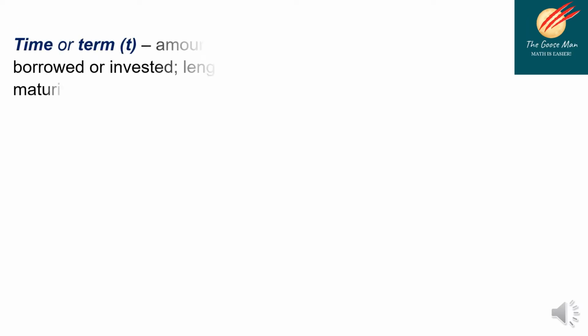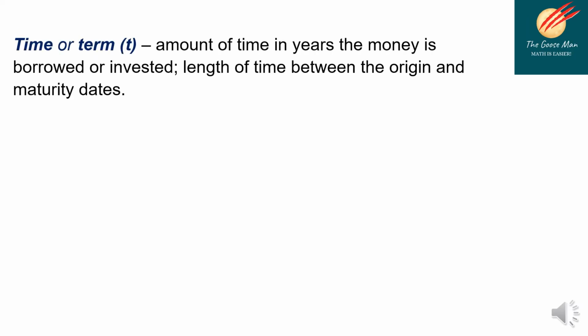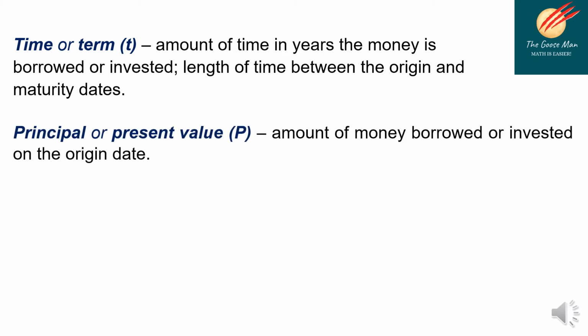Let's have also the time. This is in terms of years the money is borrowed or invested. It refers to the length of time between the origin and the maturity dates. The principal or the present value is the amount of money borrowed or invested on the origin date.